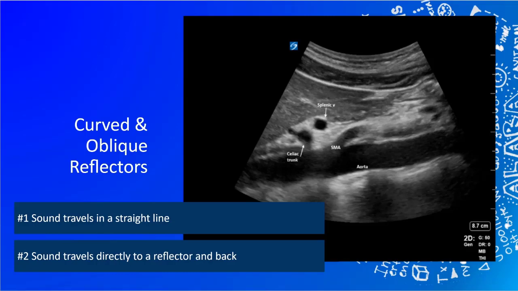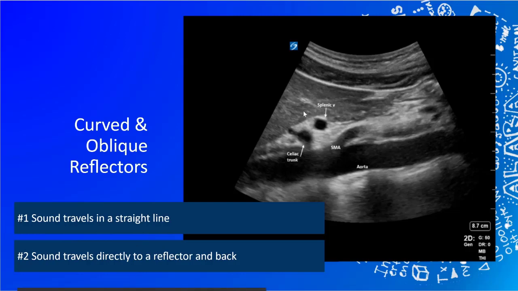Curved and oblique reflectors also have a hard time sending back true anatomical representation of the echoes that create them. So kind of like with edge shadowing, the sound gets sent in different directions. It's kind of the same idea with these curved and oblique reflectors.